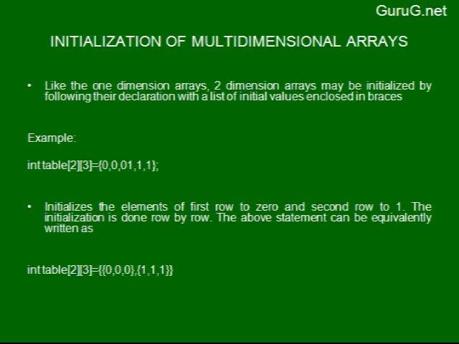Very good applications of the multi-dimensional array, that is, the two-dimensional array in specific, are matrix addition, matrix multiplication, and tables. You will be forming multiplication tables now. For all these things you will be using the two-dimensional array.